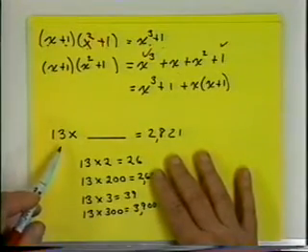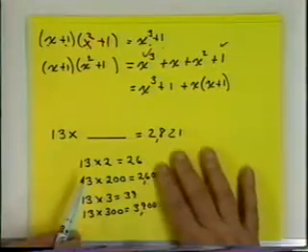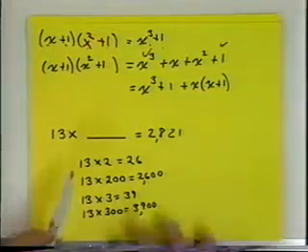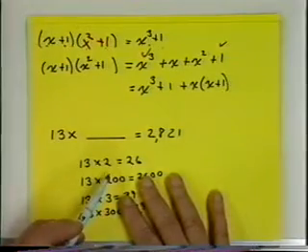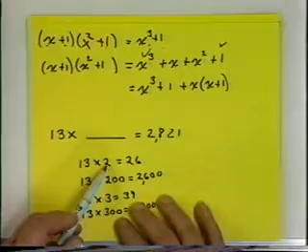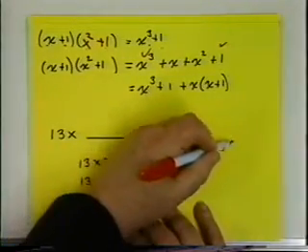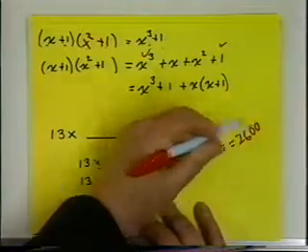Suppose I wanted to find out what number I had to multiply 13 by to get 2,821. Well, look, I know that 13 times 2 is 26. Therefore, what's 13 times 200? It would be 2,600.